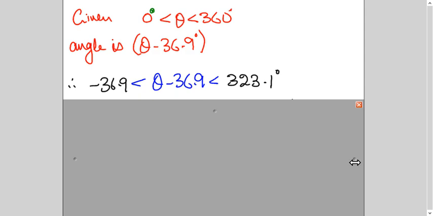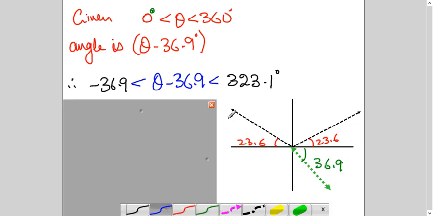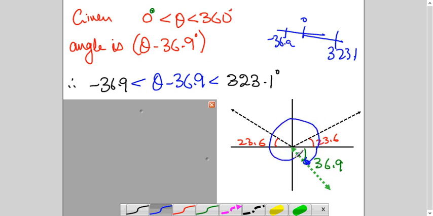So now it means that if I look at it graphically, I will start rotating from here, from minus 36.9, right? And I will go all the way like this. Or if I say that 0 is coming in between of minus 36.9 and 323.1, this is the rotation we have to complete. Or straight away you can say I have to start rotating from here till here.